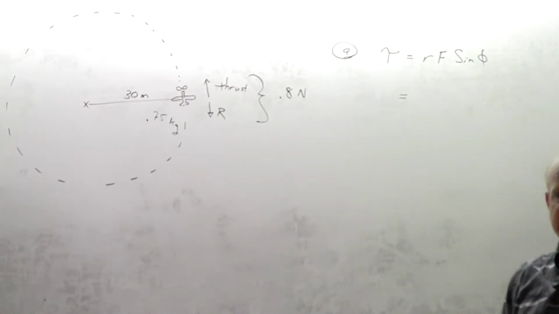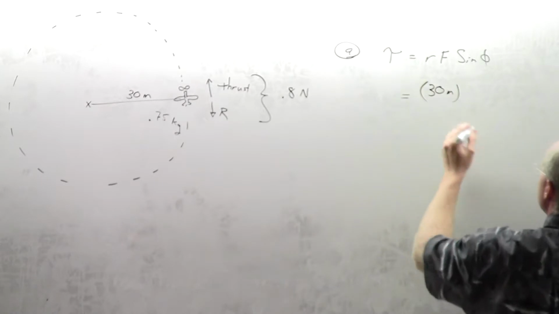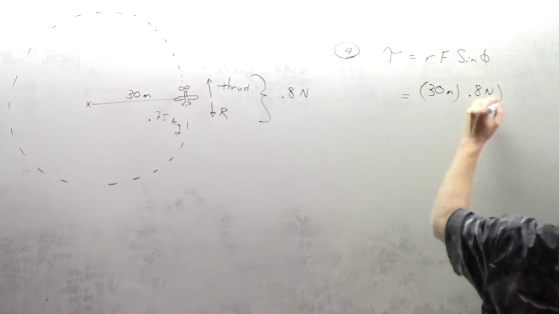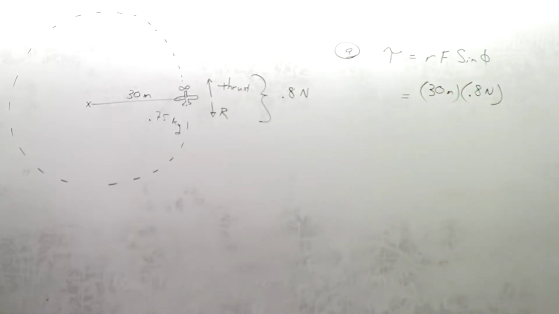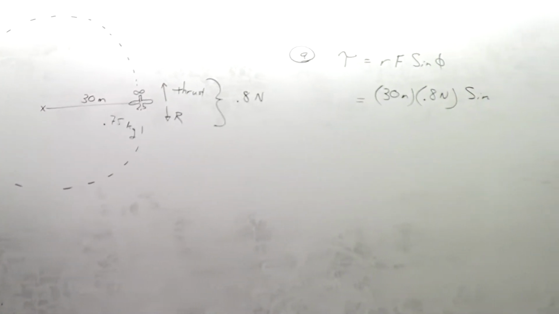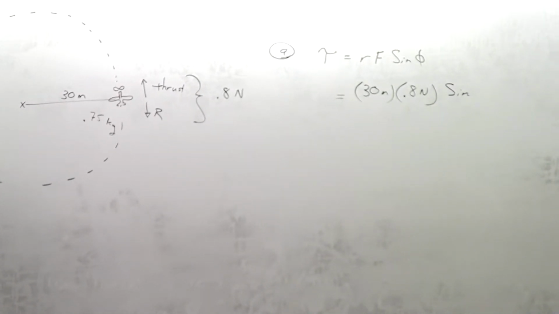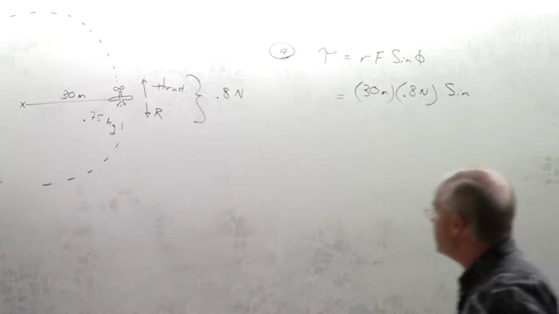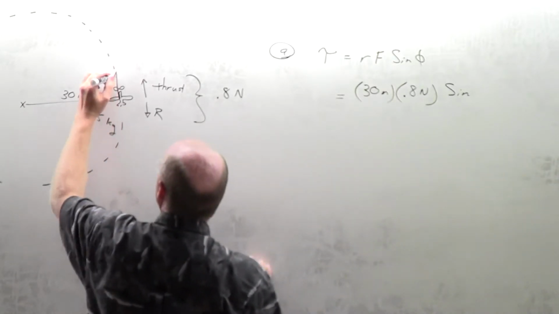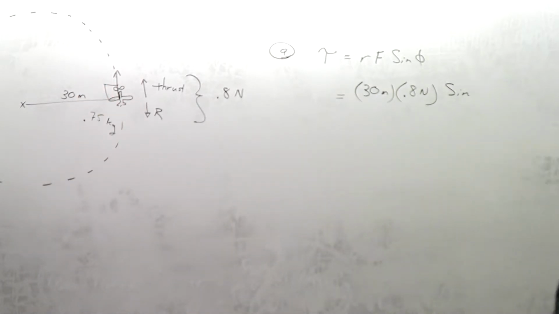All right, so what's r in this case? Okay, 30 meters. What is F in this case? Okay, 0.8. What is the angle in this case? Is it 90? What was the definition of the angle? Yeah, good. So the angle is between the force and the distance arm.